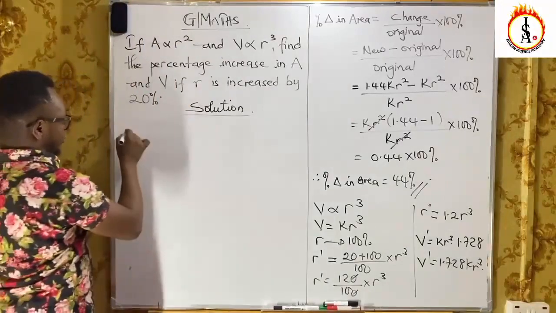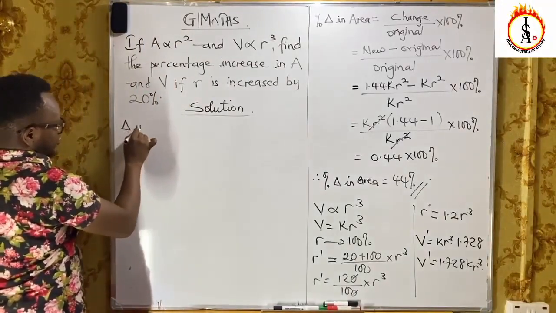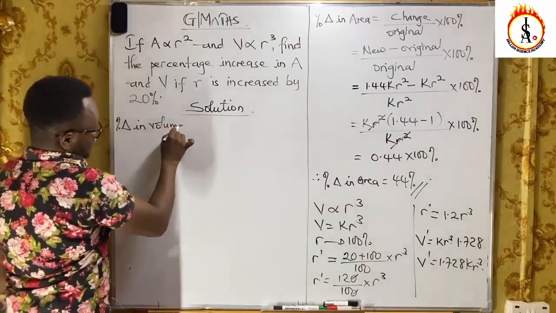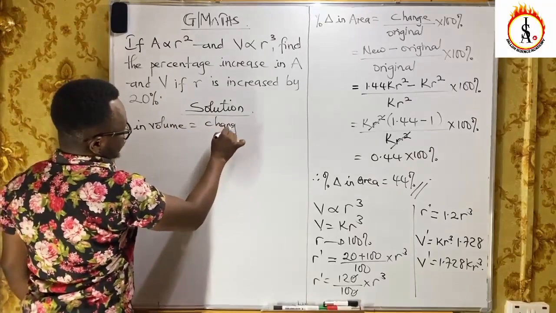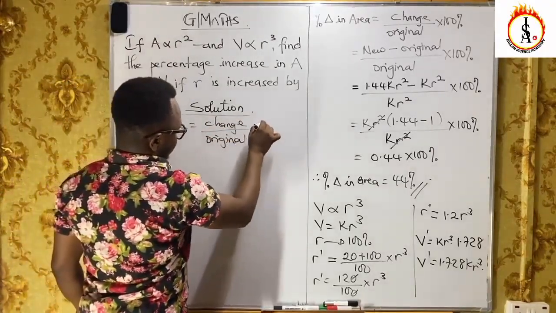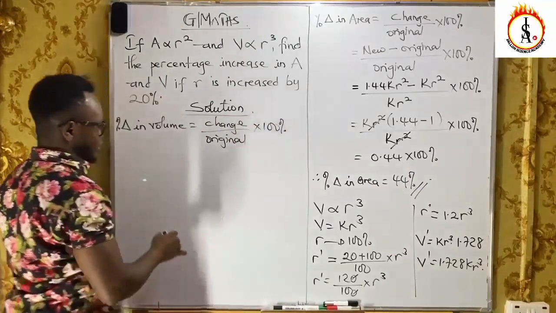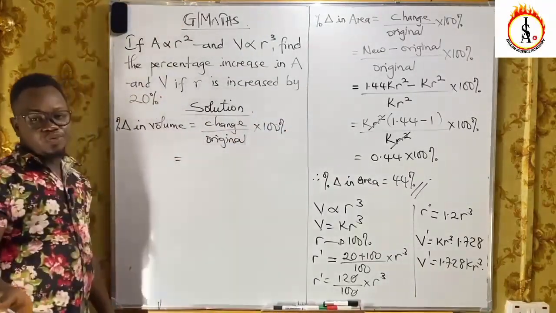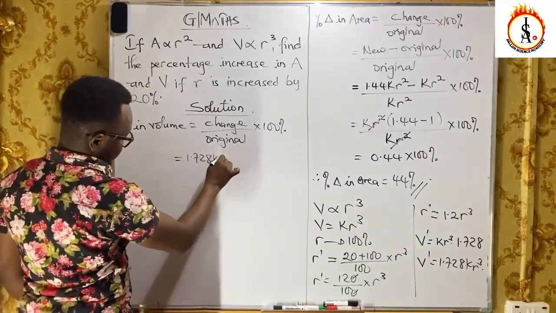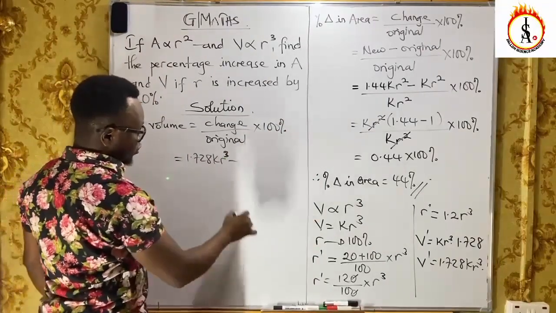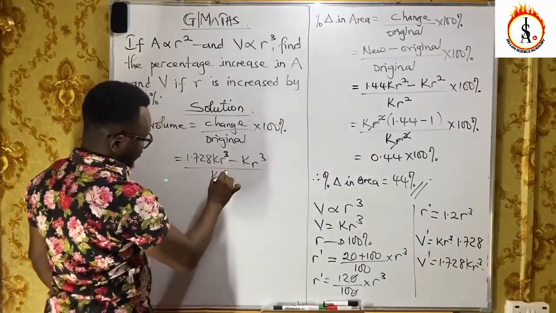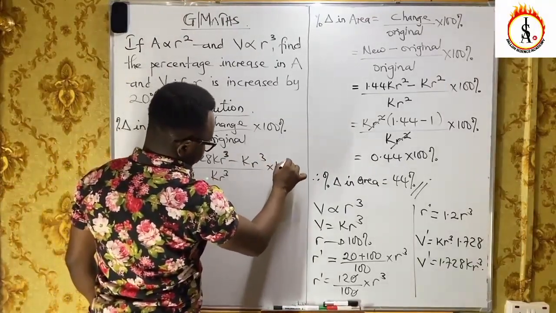So in this situation, for us to get the percentage change in volume, of course, it is the change over the original multiplied by 100%. And the change is the new minus the original. The new we have is 1.728 KR cubed minus the original we had, which is KR cubed, divided by the original KR cubed multiplied by 100%.